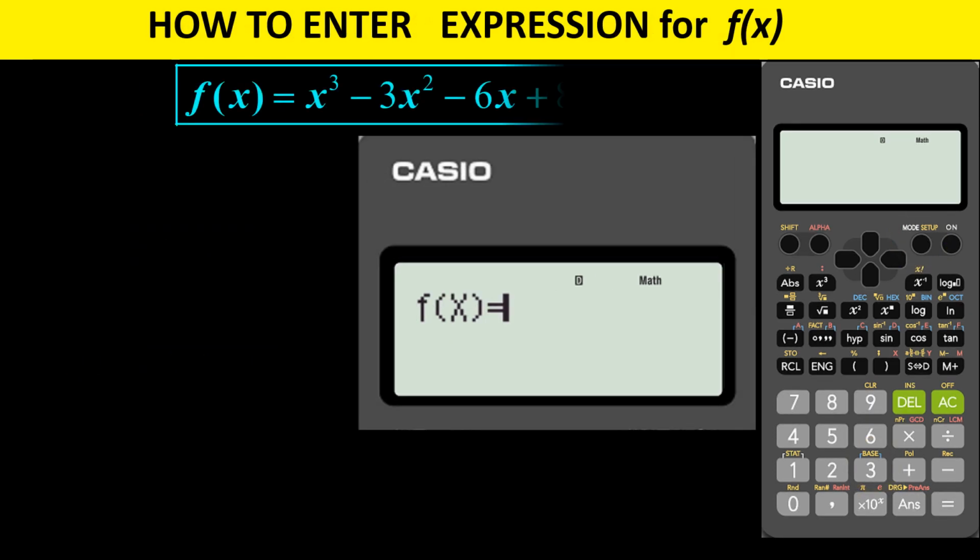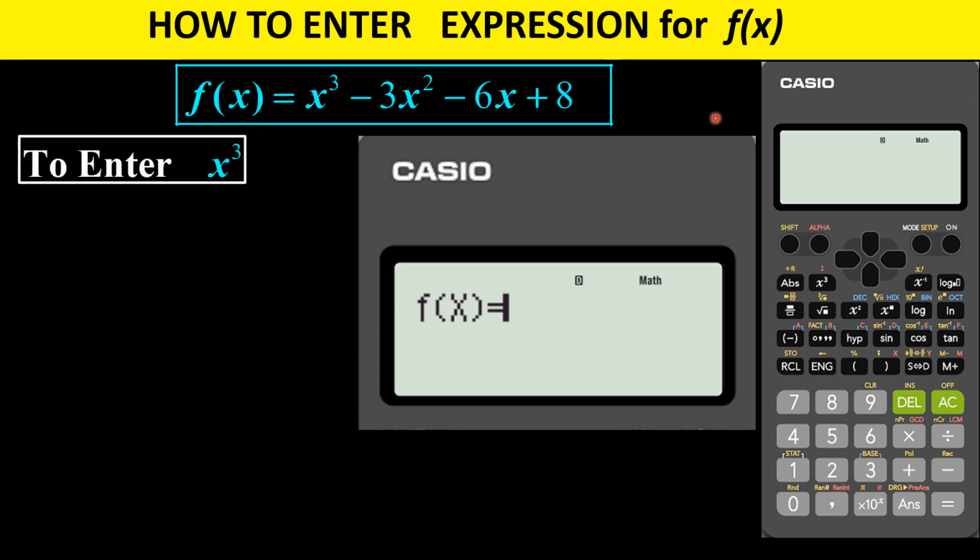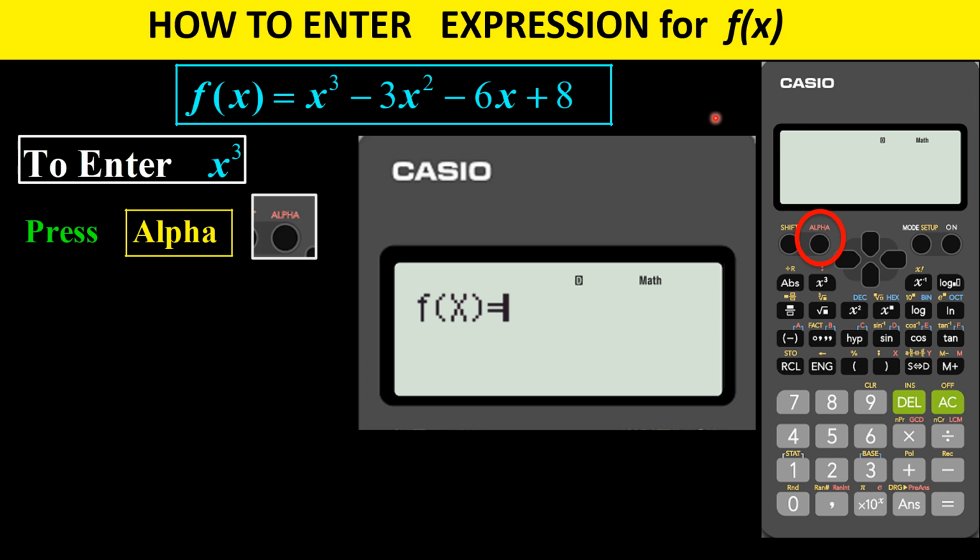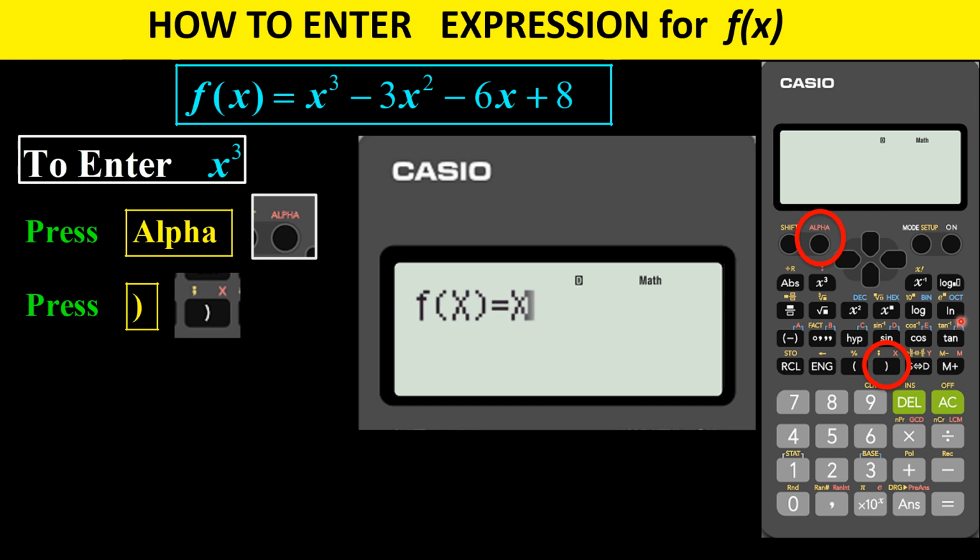How we're going to enter this algebraic expression, f(x) equal to x to the 3 minus 3x squared minus 6x plus 8, this cubic expression. First let's see how we enter x cubed. You have to press alpha, and as soon as you press the alpha key, immediately after you press this bracket key down here, and you'll see that an X will pop up on your screen.